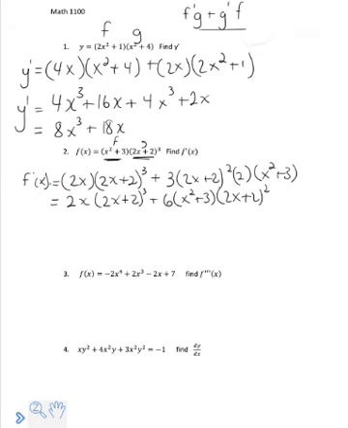Now, if we compare this side to this side, both sides have a 2x plus 2 squared in common that can be factored out, and 2 as a common factor that can be factored out. So I'm going to factor out a 2 and a 2x plus 2 squared.